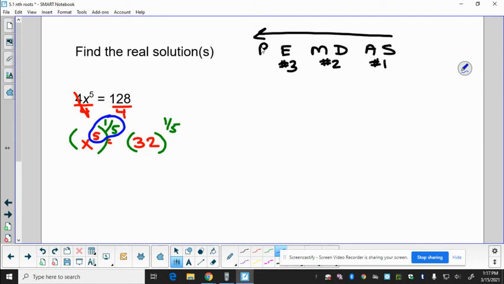Do you remember what you do when you have a power raised to a power? You multiply, don't you? So what that would be, I'll do it over here off to the side. That's 5 times 1/5. It's like 5 over 1 times 1 over 5. That's 1. So what I've got over here is just x to the first power. Okay? And then 32, I could write that as 32 to the first power, and that's the 5th root. It's really the 5th root of 32. So that's one way to look at this, and x is 2.